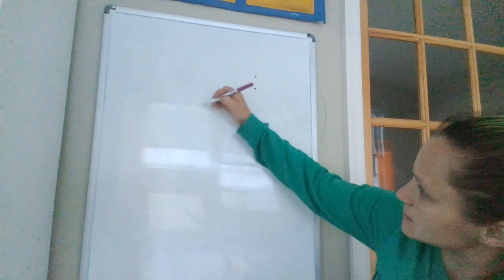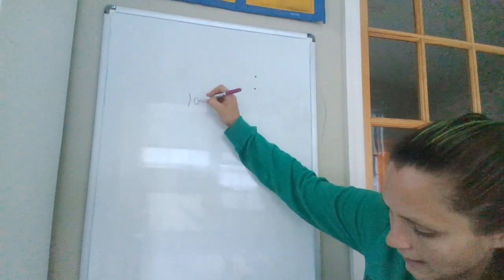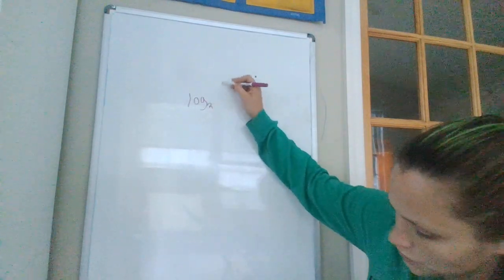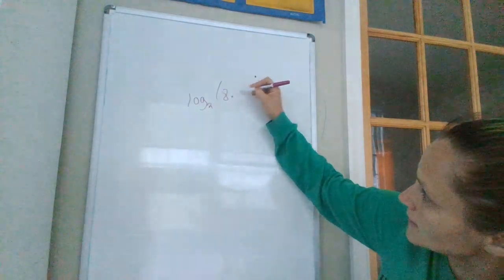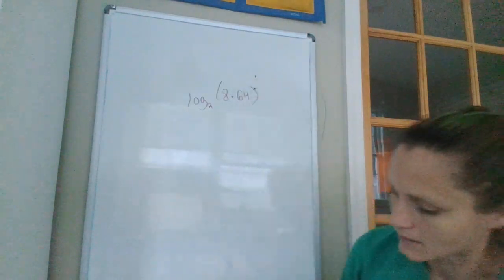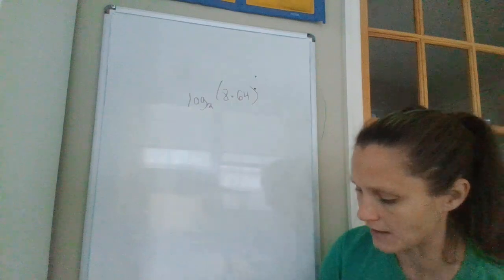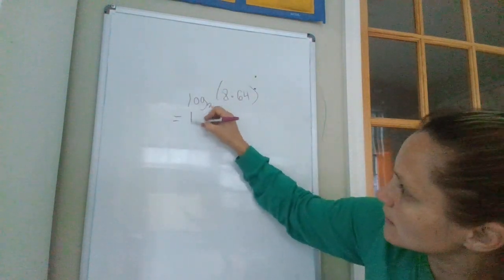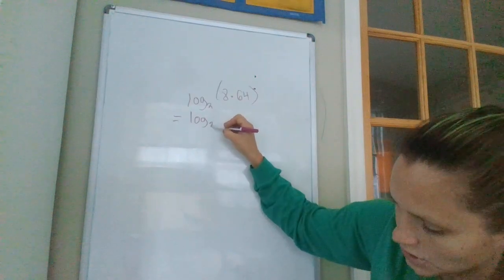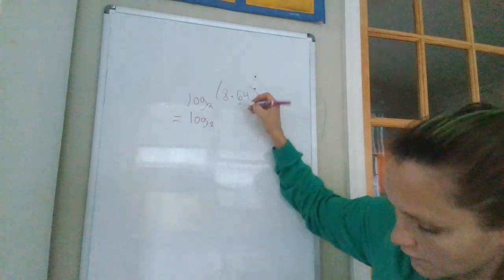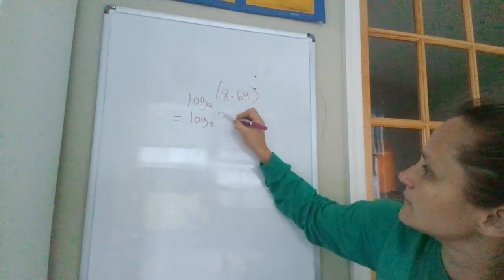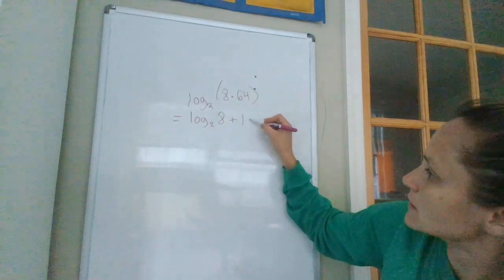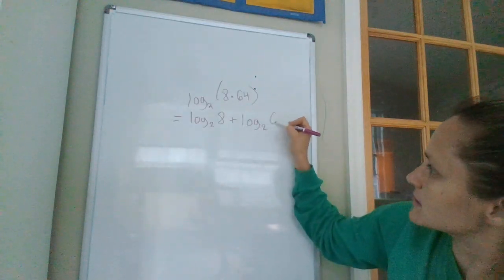So if I go to page 6, I have these problems here where I have log base 2 of 8 times 64. Okay, now you'll see it simplifies it. It says simplify the logs, and this becomes log base 2 of 8 plus log base 2 of 64.